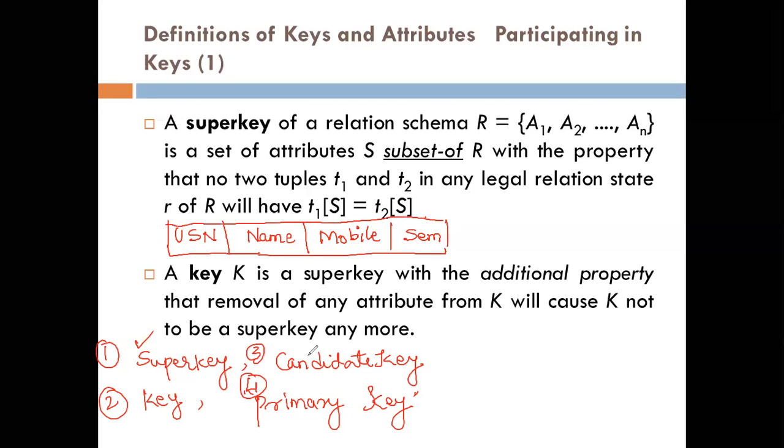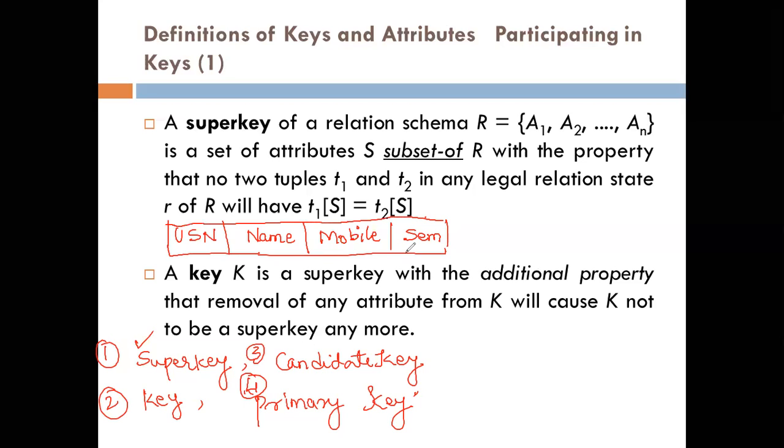For this table, we must identify its super key. A super key is a set. So from these four attributes, how many sets can we make?